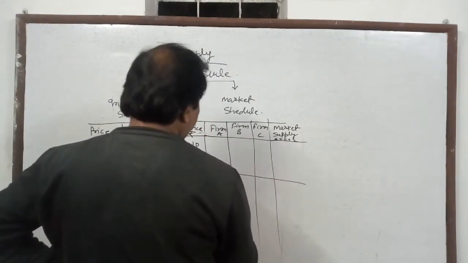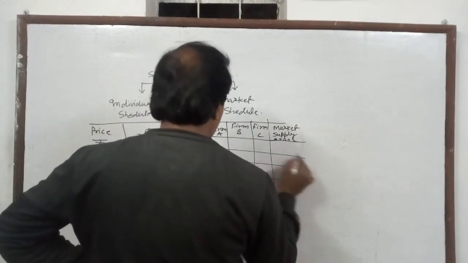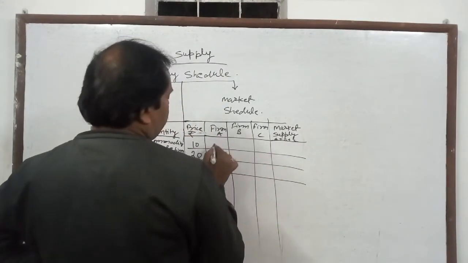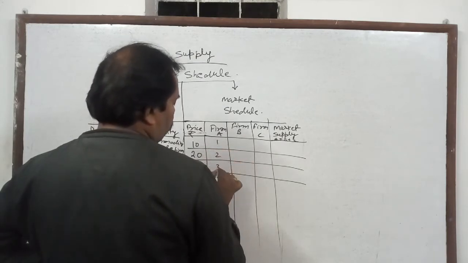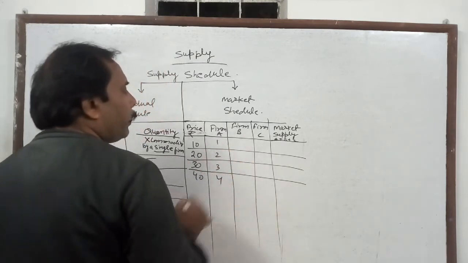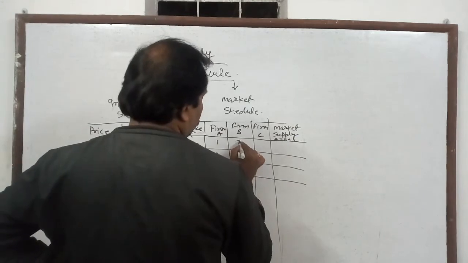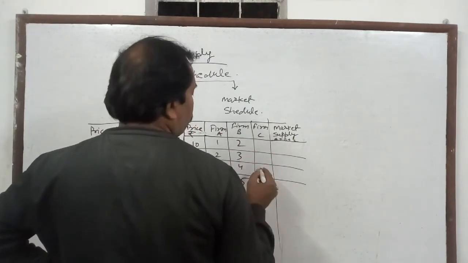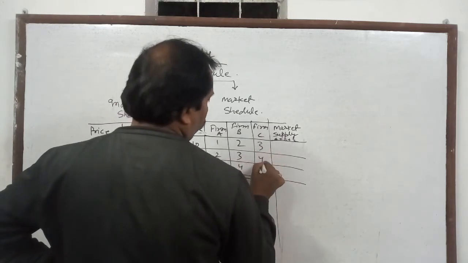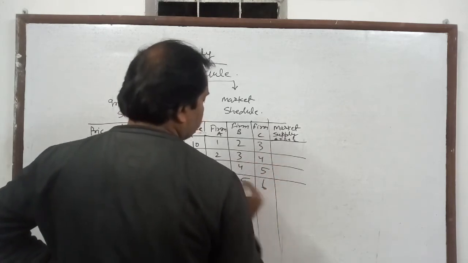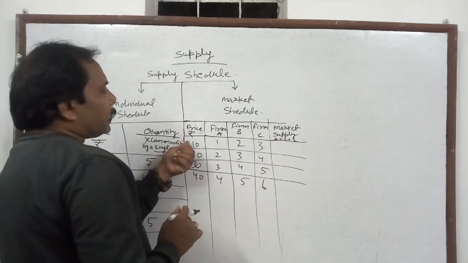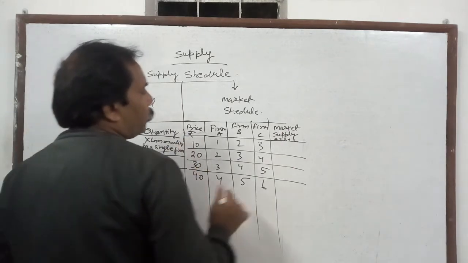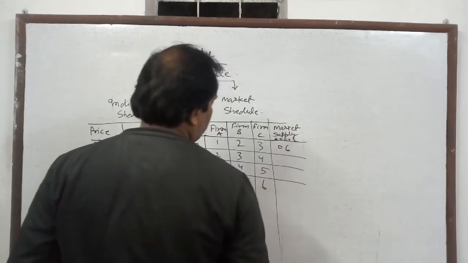Is it clear? So at different prices, what you find? Firm A is ready to sell 1, 2, 3, 4. Firm B is ready to sell 2, 3, 4, 5. Whereas firm C is willing to sell 3, 4, 5, 6. So at rupees 10, all the firms are ready to sell 6 units.